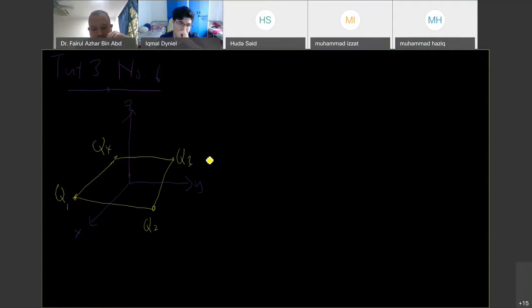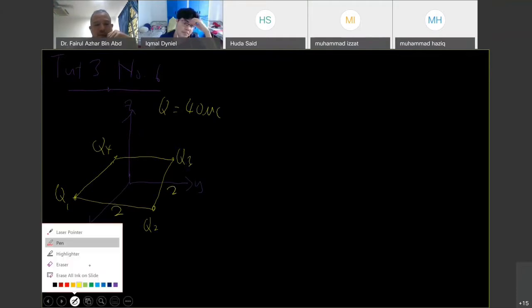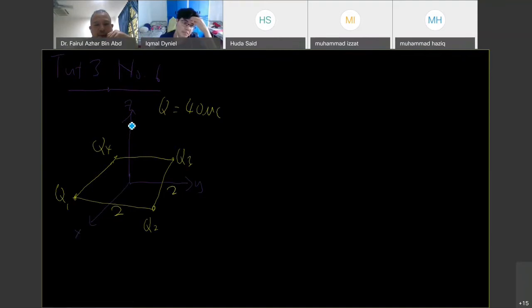The value of each charge is the same, 40 microcoulomb. The side of the square is 2 meter each, and we need to find the value of E at (0, 0, 5), so 5 meter above the center of the square.